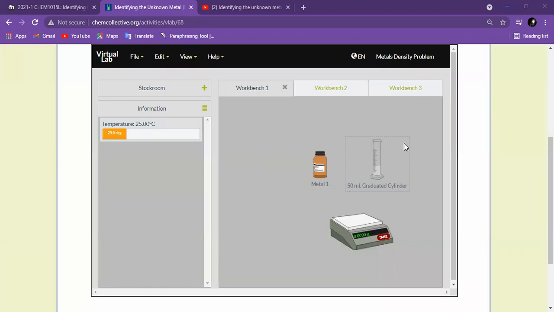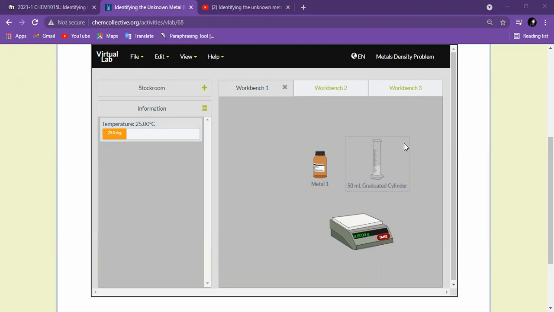Knowing that the total mass of the metal is 169.137, now you have to find the density, and the formula to find density is mass over volume.